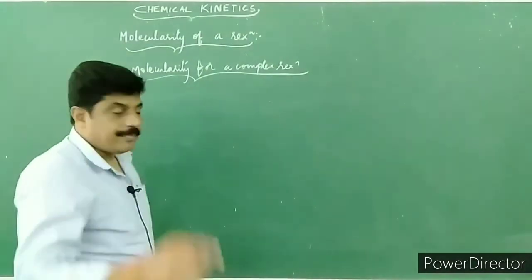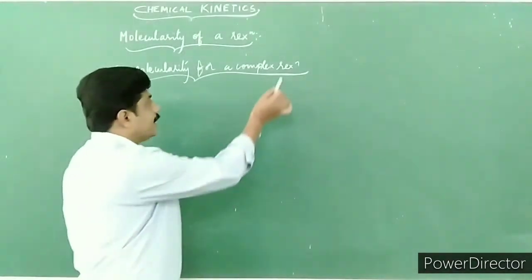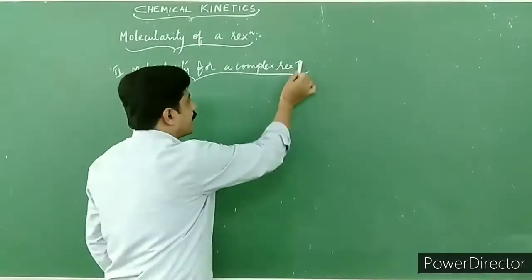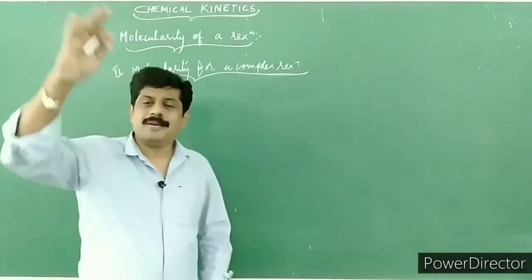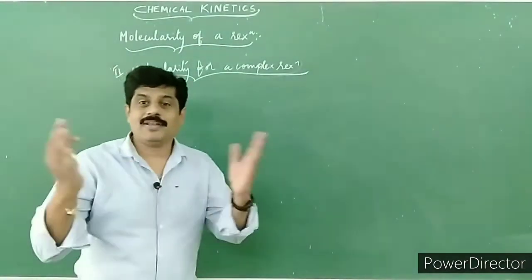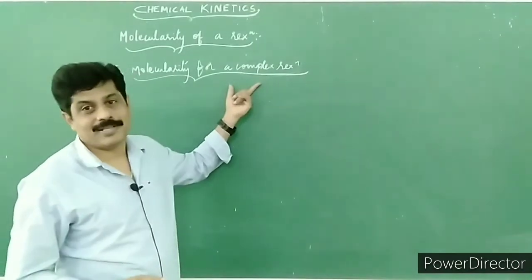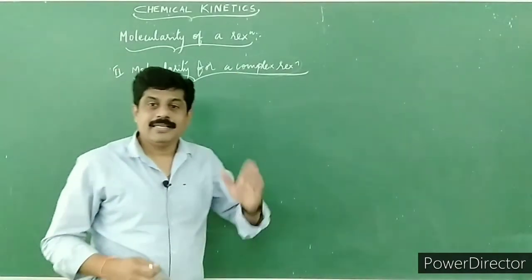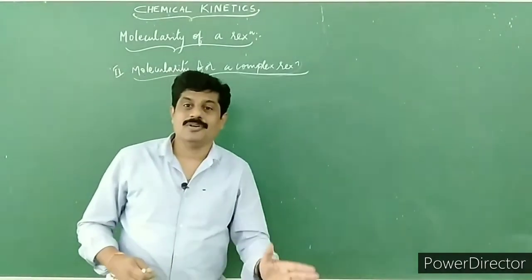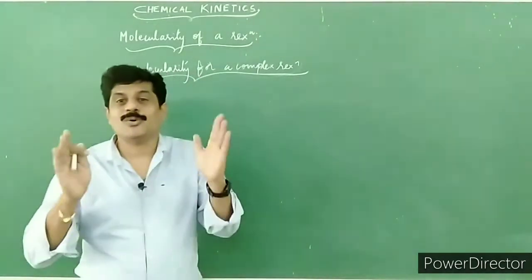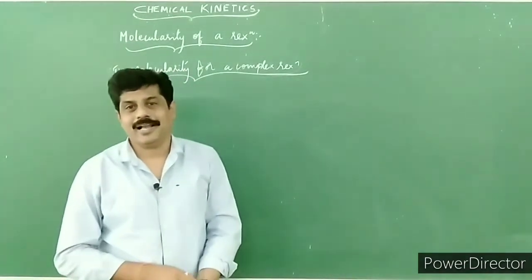Remember, before finding the molecularity, let us understand what is meant by a complex reaction. Children, all those reactions which occur in a number of steps involving a number of intermediates are called complex reactions. Remember, in such a complex reaction, one of the elementary reactions or one of the steps will be slowest in nature. That will determine the rate of the chemical reaction.